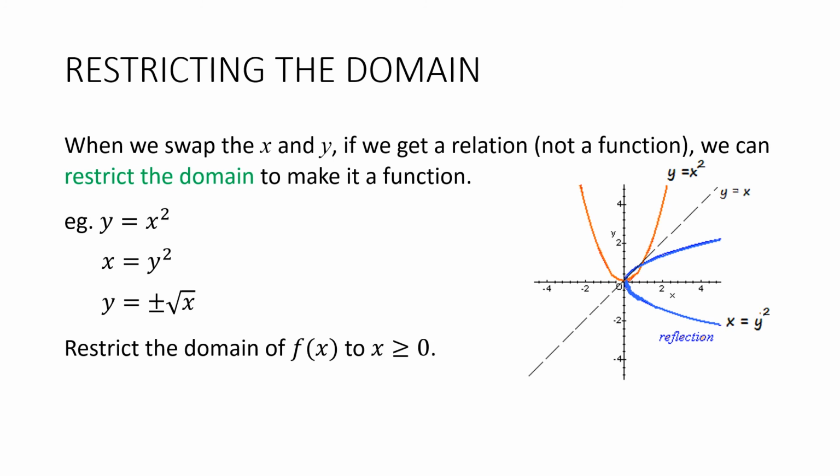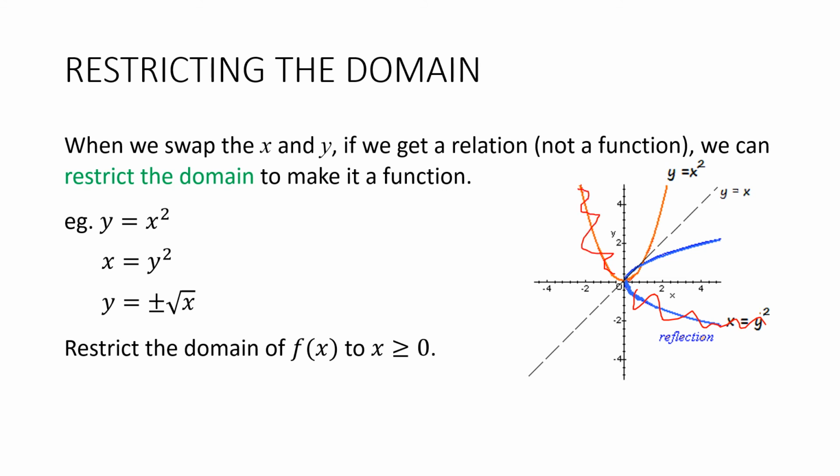So if I restrict the domain, and I'm talking about this orange parabola here, if I restrict the domain to be just x is greater than or equal to 0, so everything over there, then when I flip it over, I get this part. Okay, so let me just grab a pen. I won't have this bit here then, or this bit for that matter.